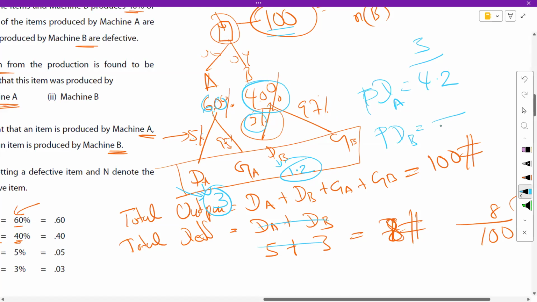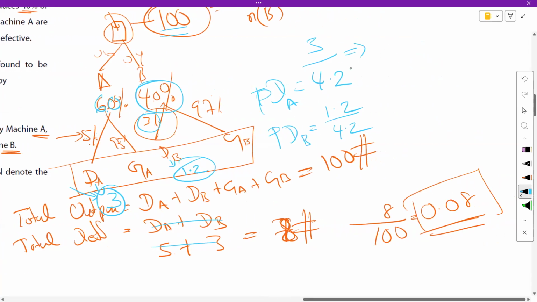Total defective items are 4.2, and the defective items from B are 1.2. Then what's the probability here? Quickly calculate and tell me.